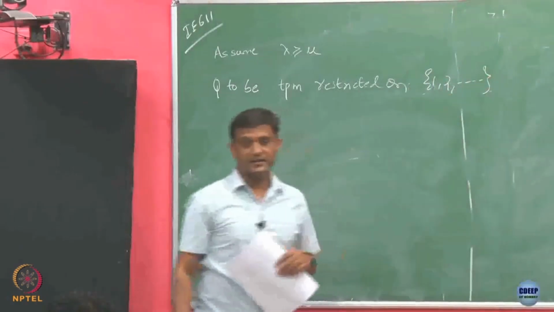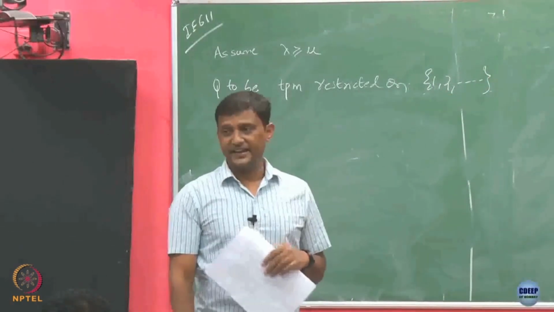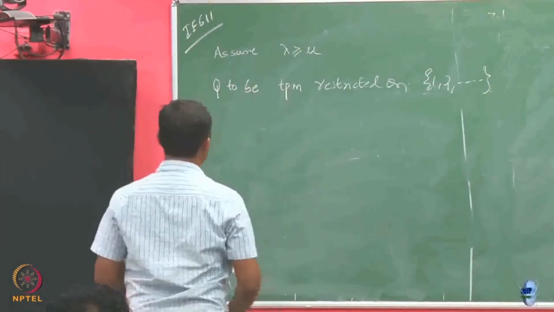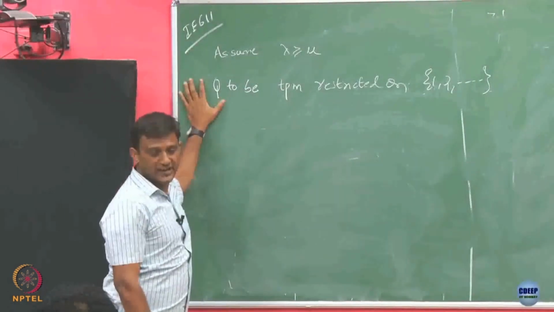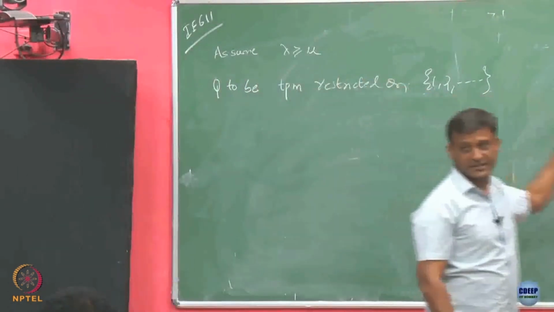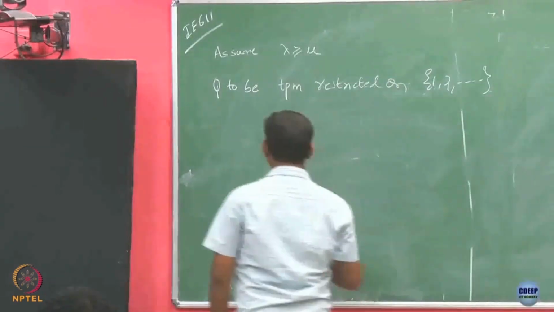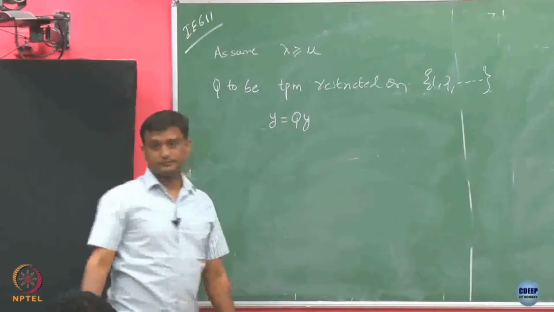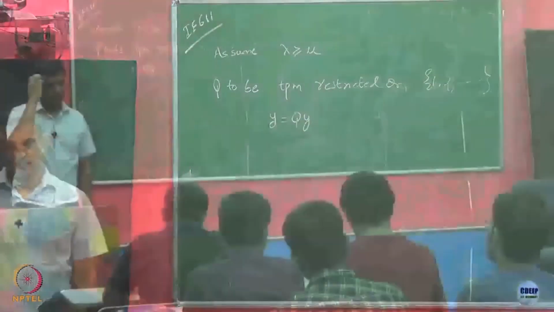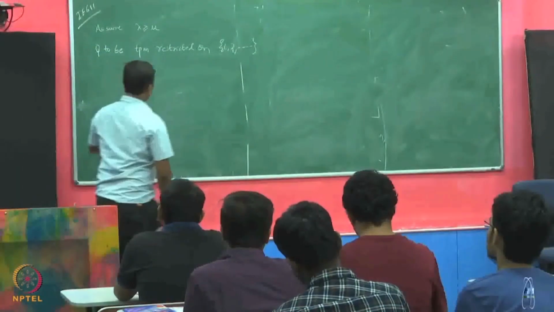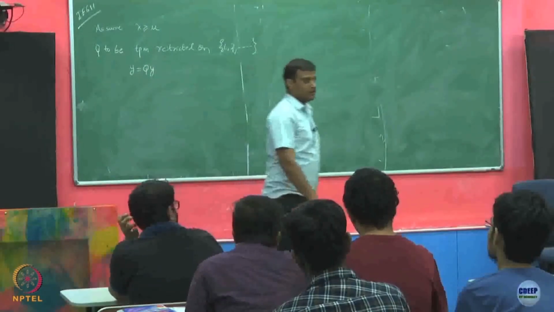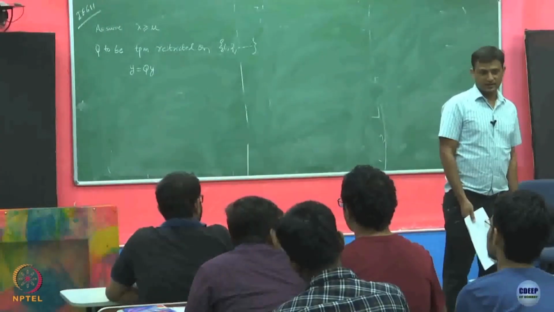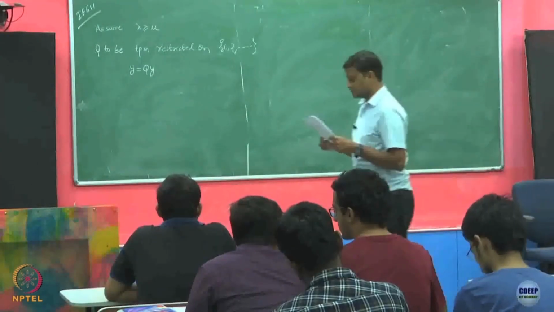I have just excluded state 0 from my state space, and now I have my Q restricted to these sets. Now let us look at the solution of y equals Qy. If my solution happens to be 0, then I know it is going to be recurrent, right. So, let us verify whether that is true.